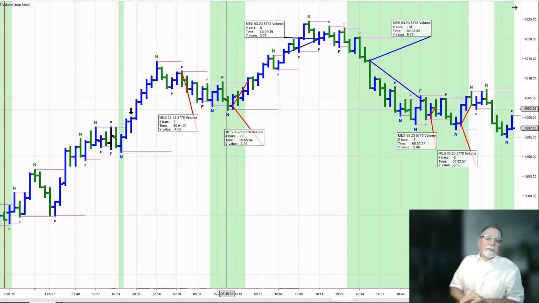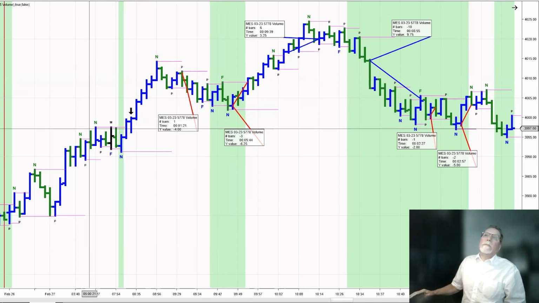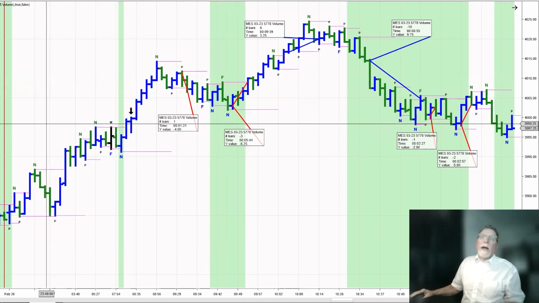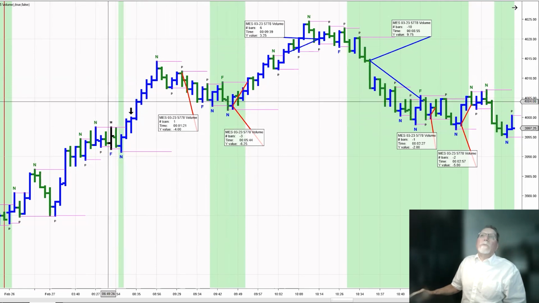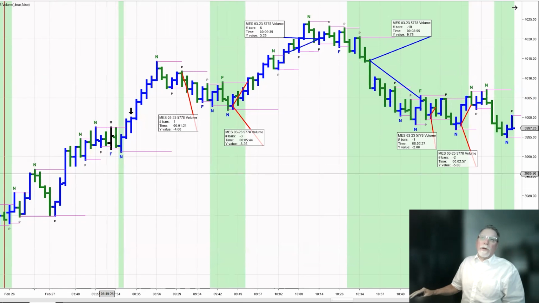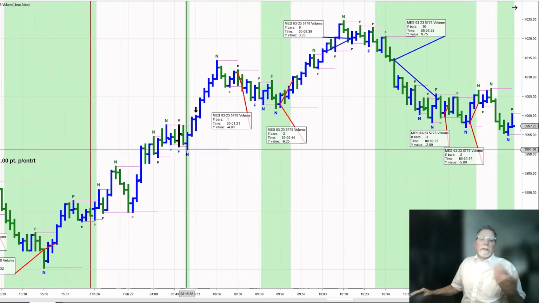Nice shorting opportunity under normal circumstances, with the exception being that previously, if you're going to track resistance from white area to white area, resistance is making new highs, and support, green area to green area, or in this case, we'll go back a little further, green area to green area, support is making higher lows.